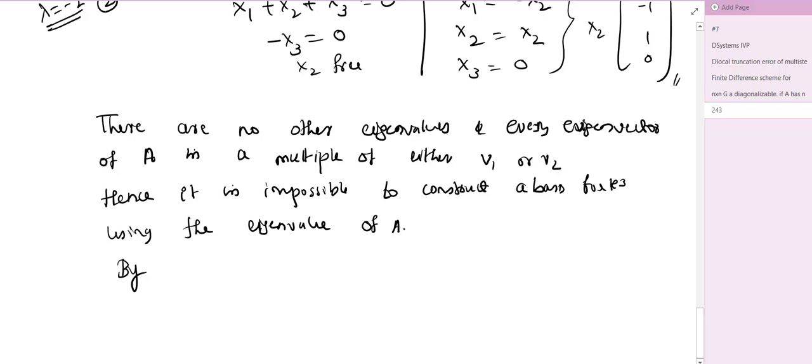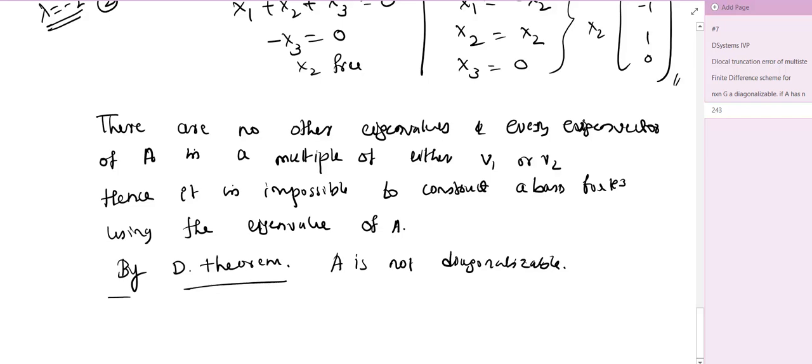Else it has to have three distinct eigenvectors, but here we fail to have the three distinct eigenvectors. Therefore, by the diagonalization theorem, A is not diagonalizable. So basically, we have seen the example where A is not diagonalizable.